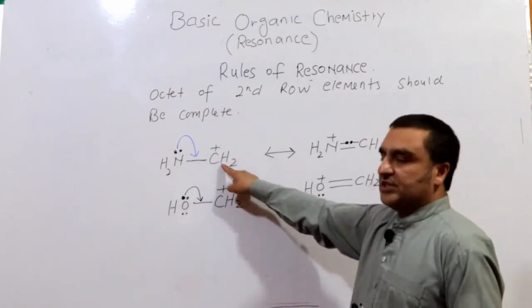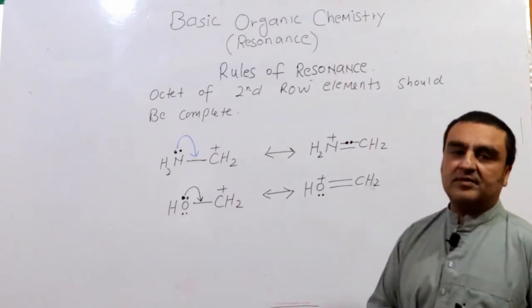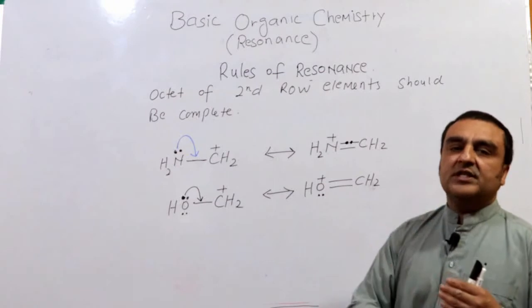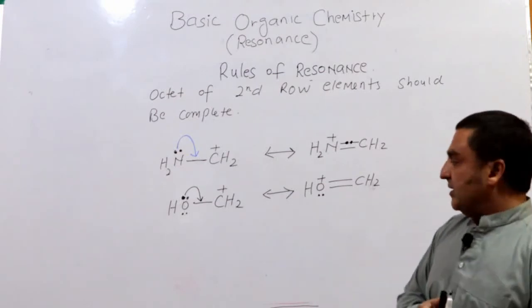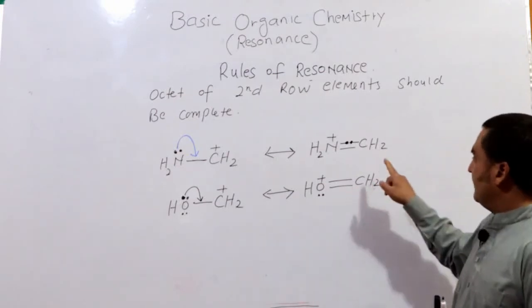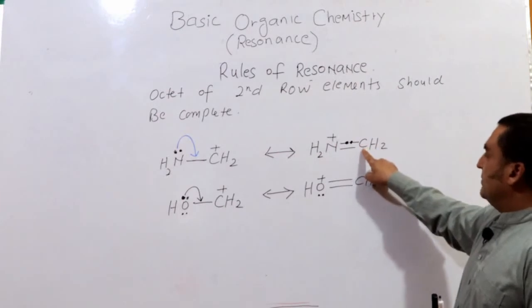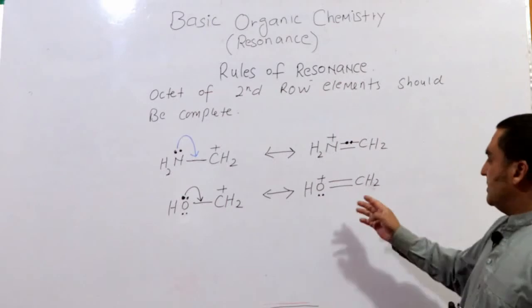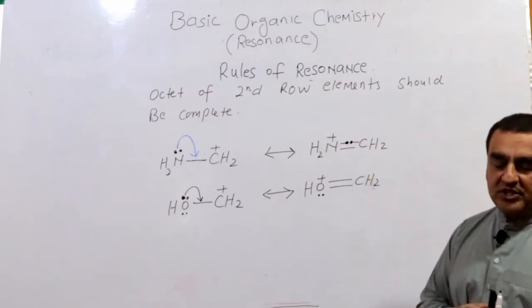Its octet is incomplete, and this carbon also has 6 electrons surrounding it, so its octet is also incomplete. Now here this carbon forms 4 covalent bonds and its octet is complete.